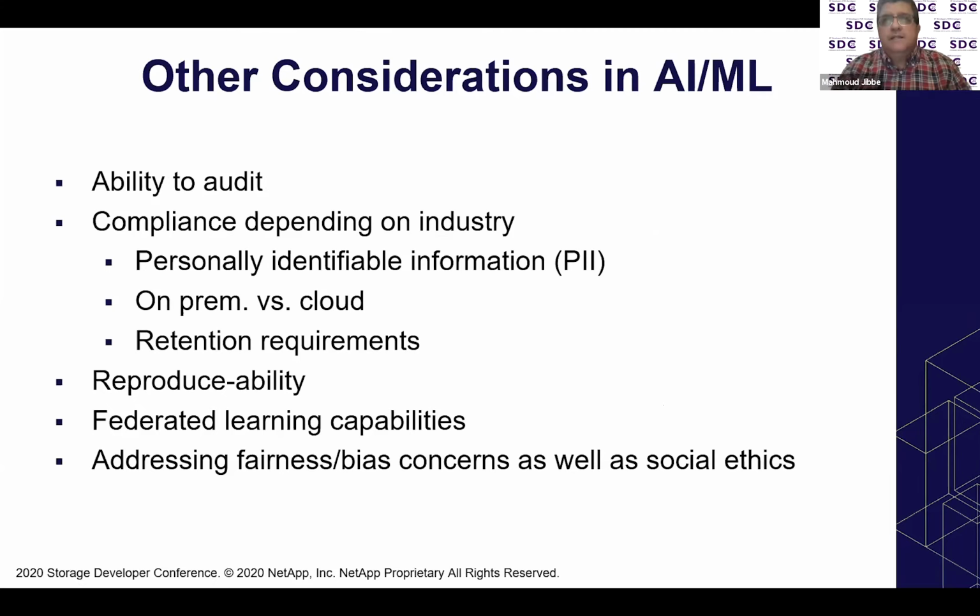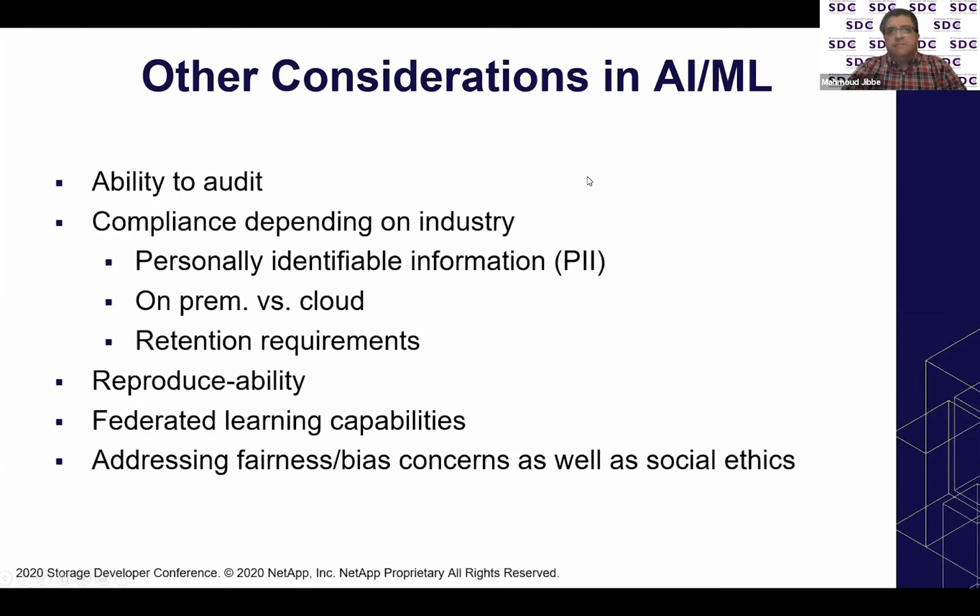Okay. So if we look at other considerations for AI and machine learning, there's the ability to audit, and also look at different compliance rules that depend on the type of industry being used.